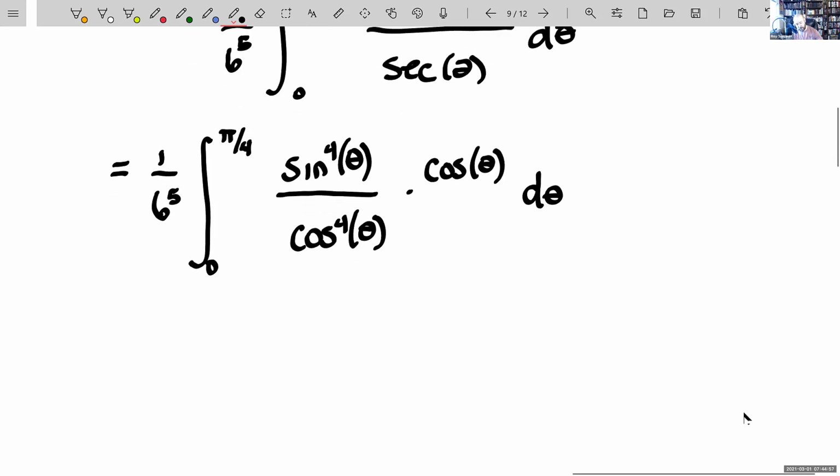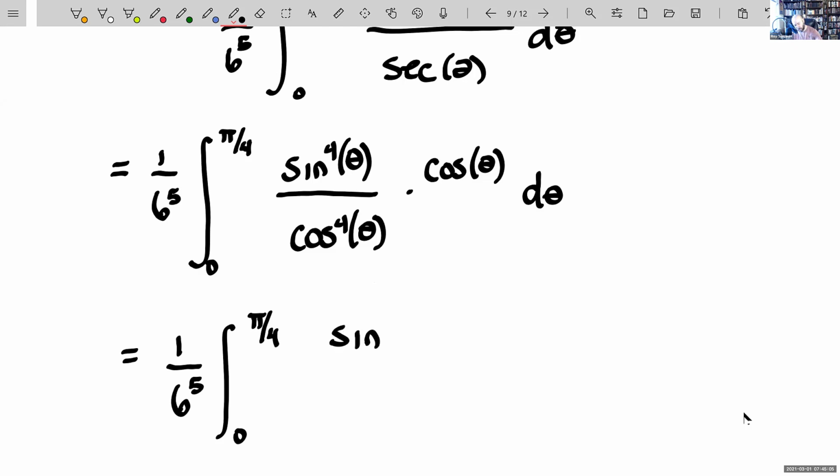While the cosines do cancel, just writing that out, we have a sine to the fourth over a cosine cubed, theta d theta. The cosines cancel beautifully, but now you're stuck with needing to make a u substitution. And that is not really going to happen.